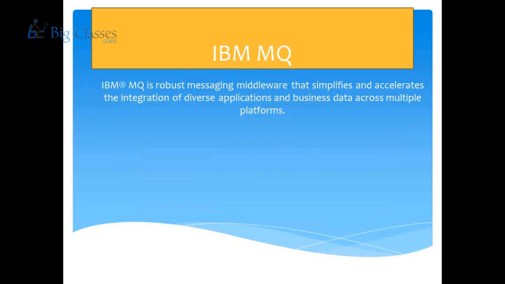Instead of communicating over the network with a physical connection, we use IBM MQ, which communicates logically over the network, and by sending messages, one business application will talk to the other business application. This is called IBM MQ.